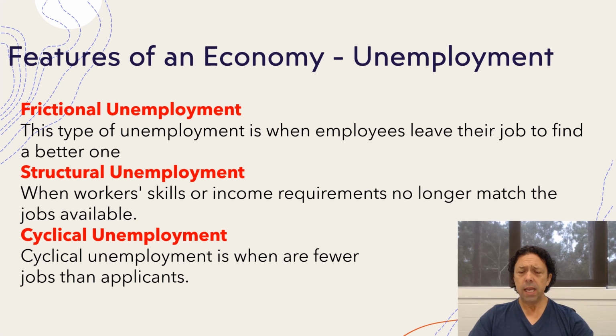And the last one is cyclical. This is the concept that there are a lot fewer jobs available in the marketplace as opposed to the applicants that are looking for a job. Now, what we need to understand is that unemployment affects how the organization operates and how many people can buy the product that the organization offers.